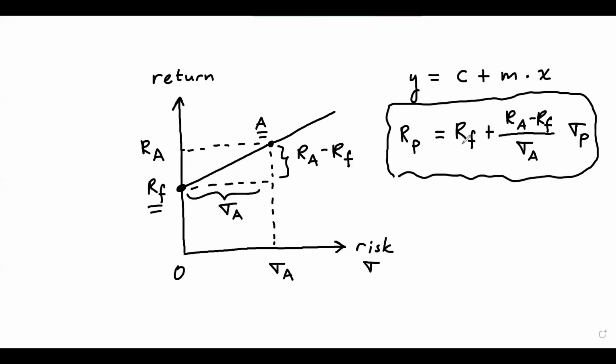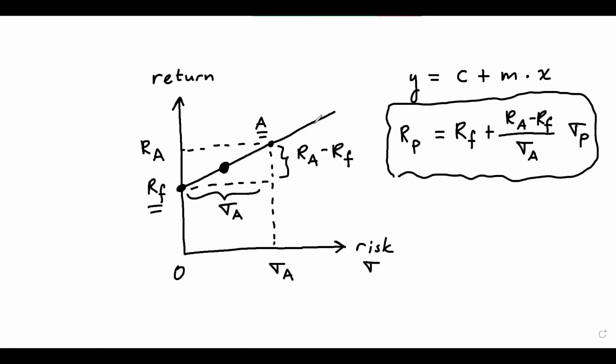And to understand it a bit better, think of, for example, a portfolio here. Let's suppose P is over here. This is more or less equidistant to the risk-free asset and our risky asset A. So this portfolio is more or less investing 50% of the funds in the risk-free asset and 50% of the funds in the risky asset A, right?